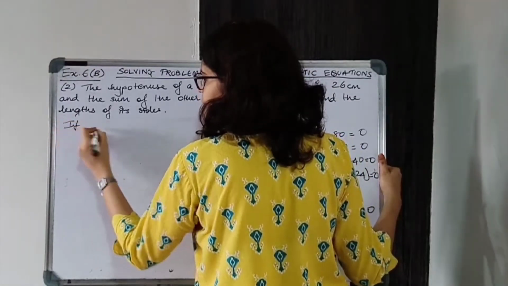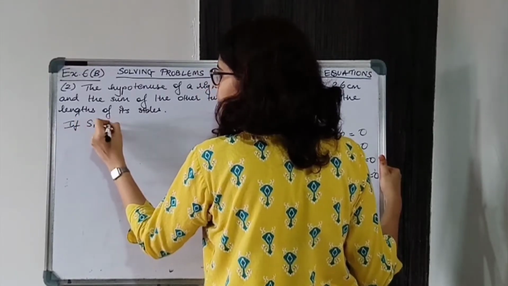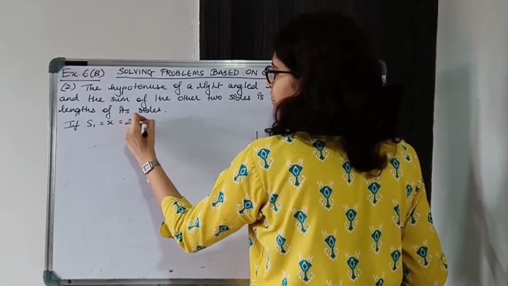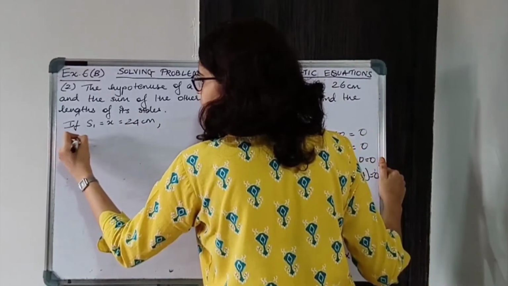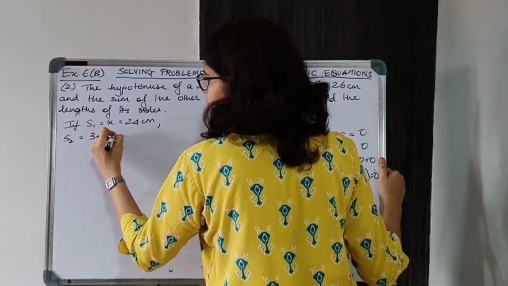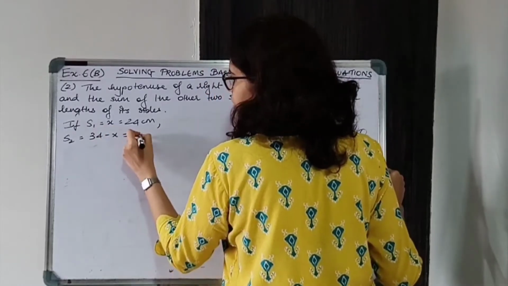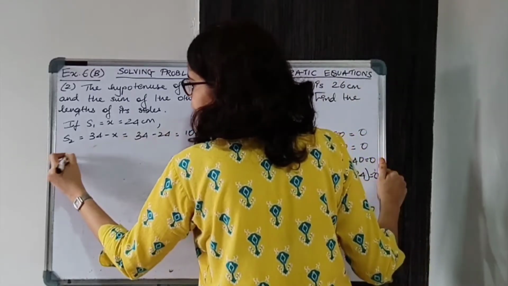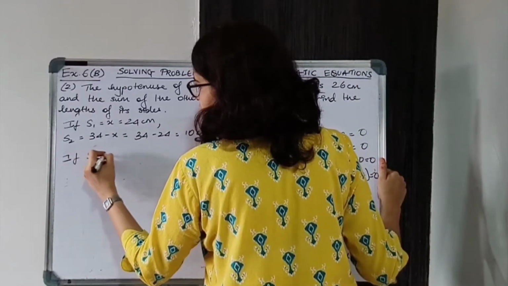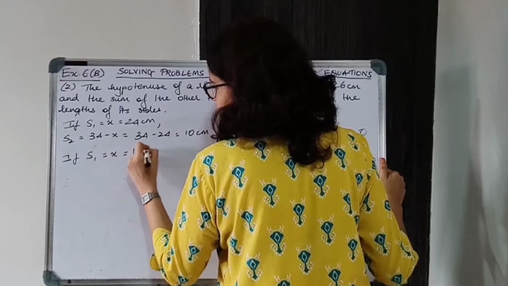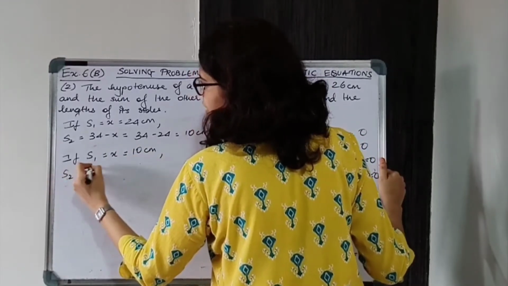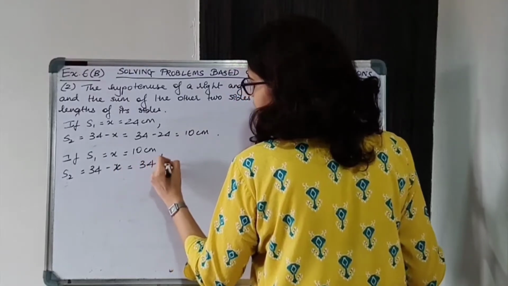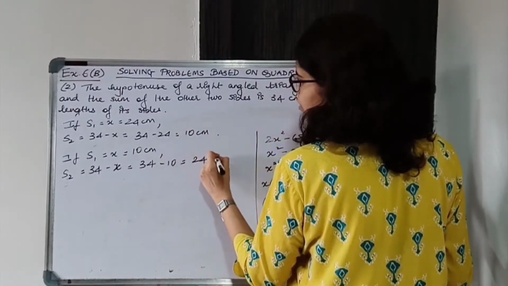So if S1 is equal to x is equal to, let's say 24 centimeter, so S2 is equal to 34 minus x, which is equal to 34 minus 24, which is equal to 10 centimeter. And if S1 is x is equal to 10 centimeter, then S2 will be 34 minus x, which is 34 minus 10, which is 24 centimeter.